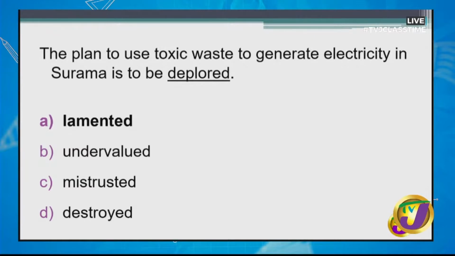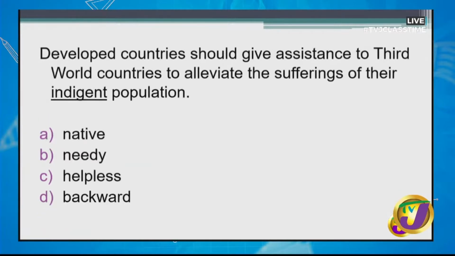All right? Our next sentence. Developed countries should give assistance to third world countries to alleviate the sufferings of their indigent population. Indigent. Please do not mix it up with indigenous. Indigent.